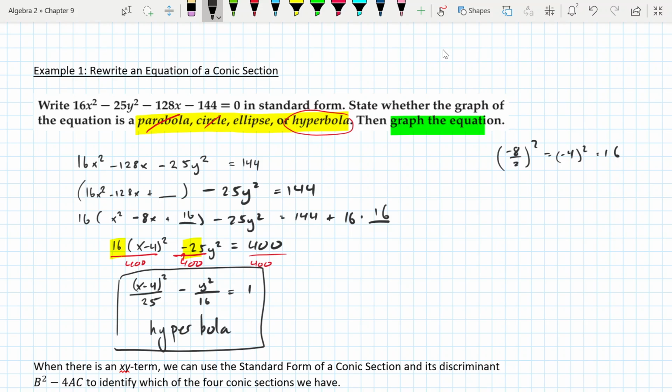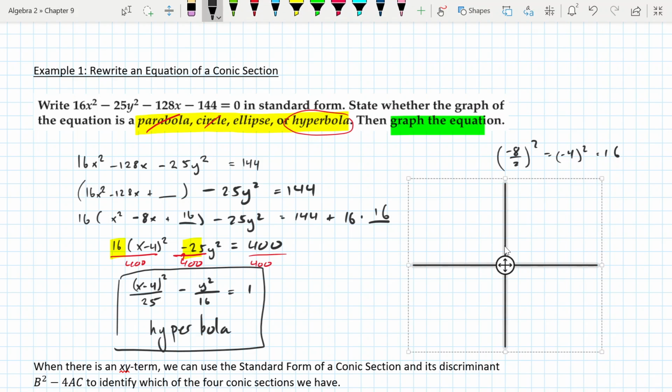Now we need to graph it. Well, let's think back to how we graphed a hyperbola. A squared is 25, which means a is 5. B squared is 16, which means b is 4. And my center is at (4, 0).